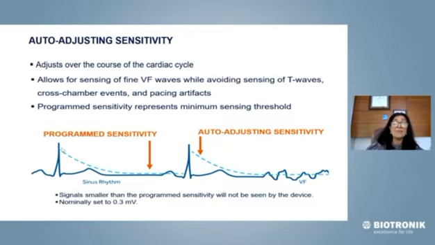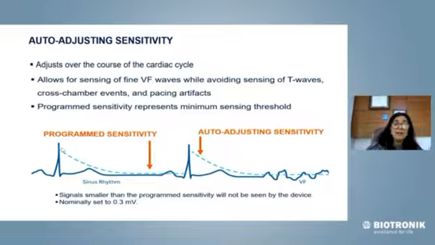I told you it allows to sense the tall R waves, at the same time must pick up ventricular fibrillation signals, avoiding the T waves. It allows for the sensing of fine VF waves while avoiding the sensing of T waves.